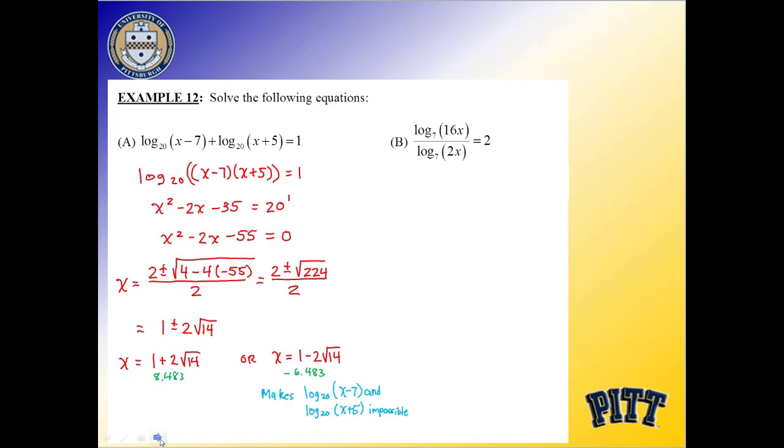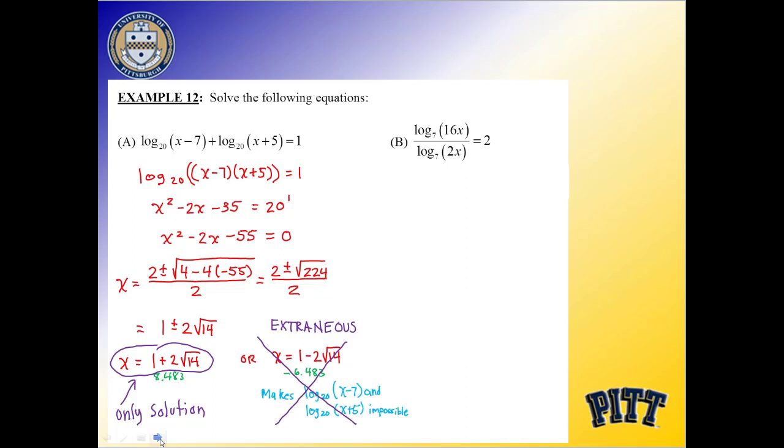If I let x equal negative 6.483, then x minus 7 is negative, and x plus 5 is negative. I can't take logarithms of any base of negatives. So our second answer here, the one that comes out to be about negative 6.483, is an extraneous solution.